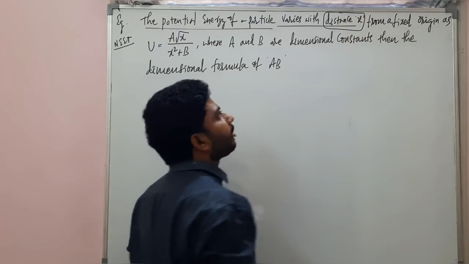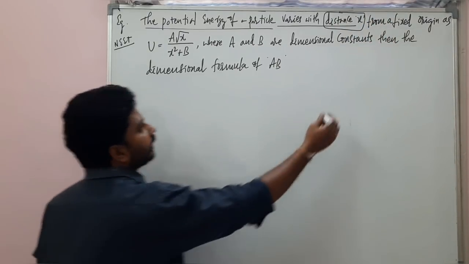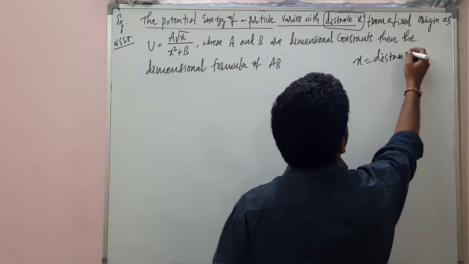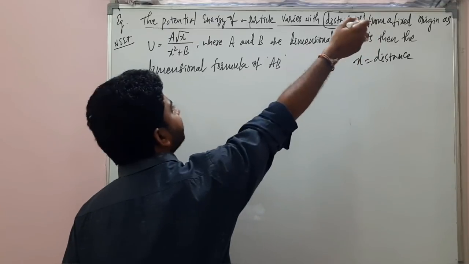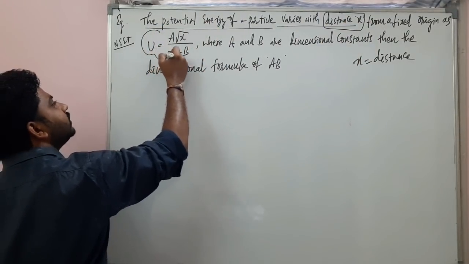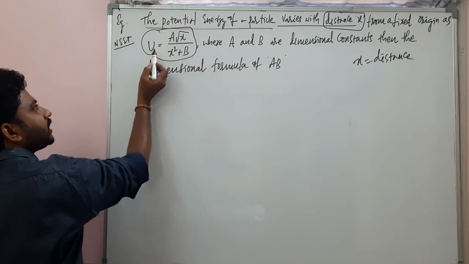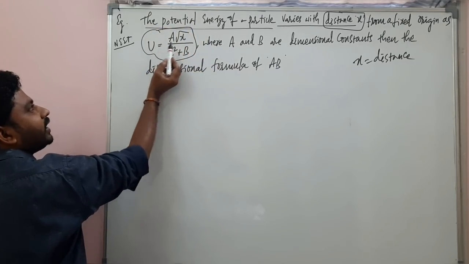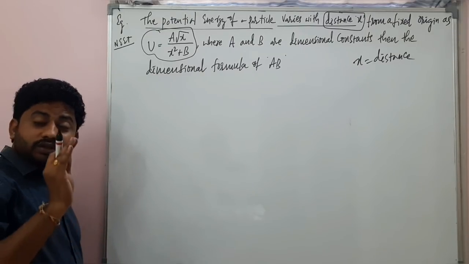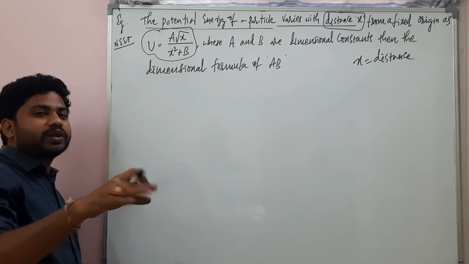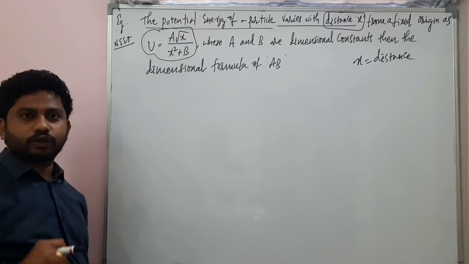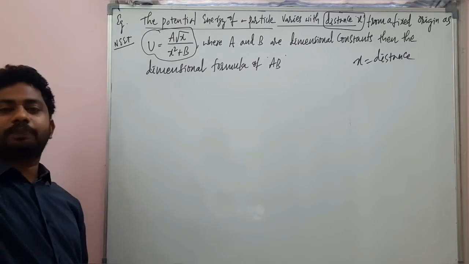Wherever you see in this numerical, x is the distance from the fixed origin. So, according to this equation, the potential energy U is varying with x. The concept behind this equation doesn't matter to us now. That comes under the potential energy topic, under the work energy power topic.